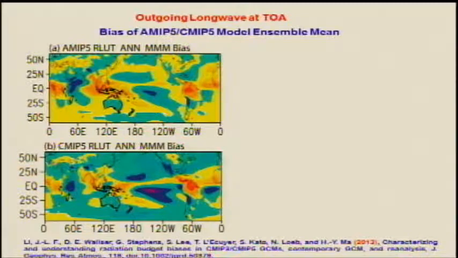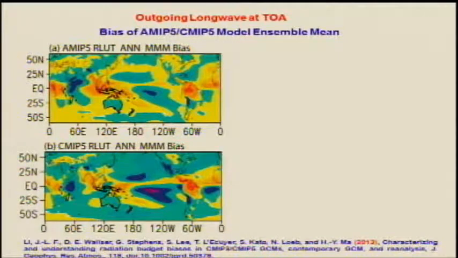Then we looked at, for example, outgoing longwave radiation. This is an AM5 run with prescribed SST. Over the SPCZ and the ITCZ, we see some very large differences, about 10 to 15 watts per square meter, though I forgot to put the color scale here. You can see there's no double ITCZ because it is constrained by the prescribed SST.